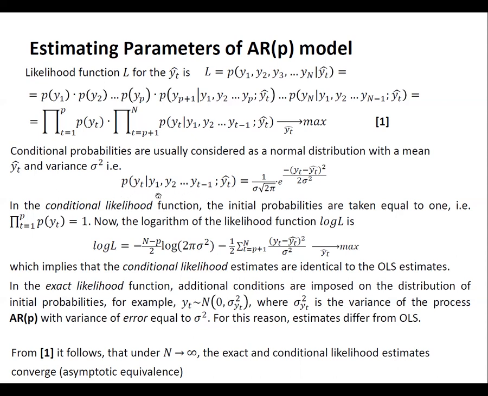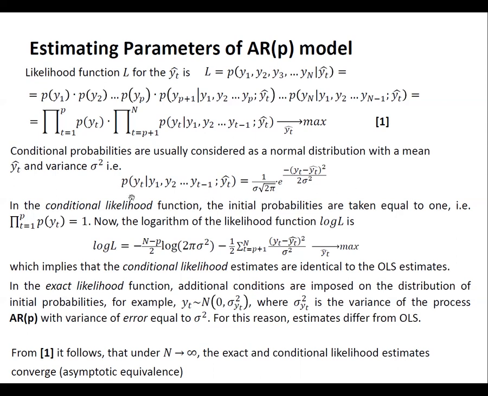These conditional probabilities, the second part, are usually considered as the normal distribution with some mean and variance. And then these conditional probabilities have such a distribution density function.